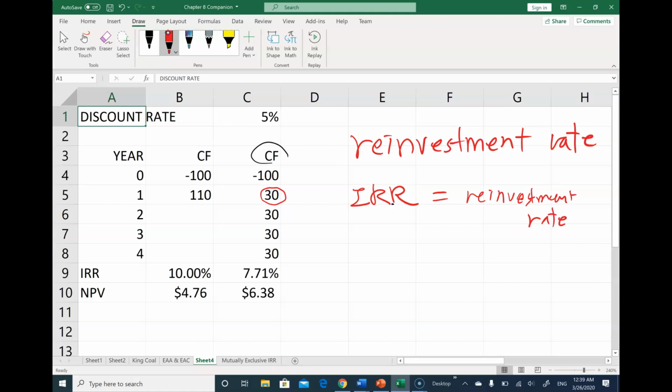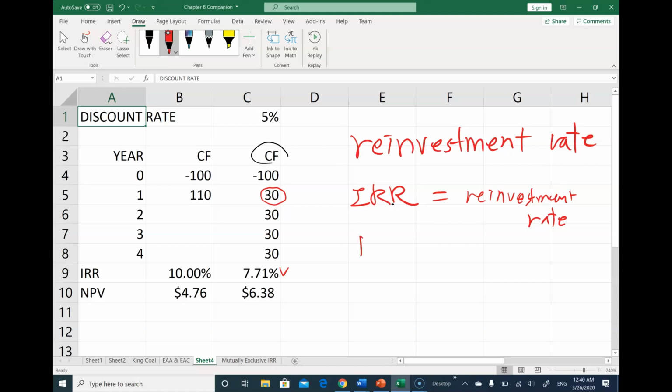Right? So for example, in case of this long project, when the company earns $30 cash inflow, this $30 will be reinvested and earn 7.71% return. So that's the assumption of the internal rate of return calculation.